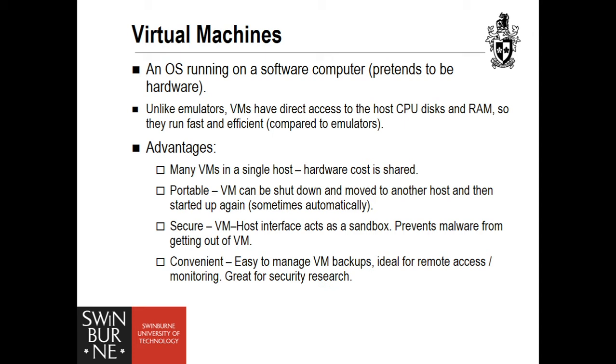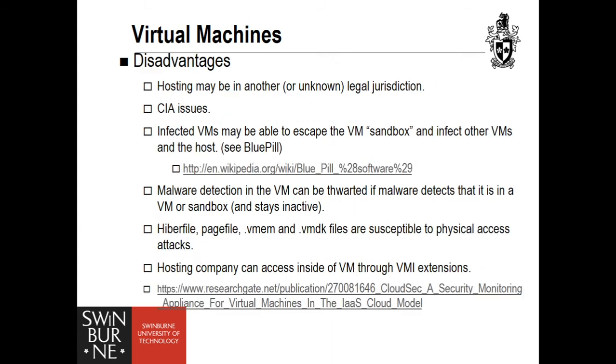The advantages of virtual machines is that you can have many VMs in a single host, so the hardware cost is shared. They are also portable, secure, and last one is convenient.